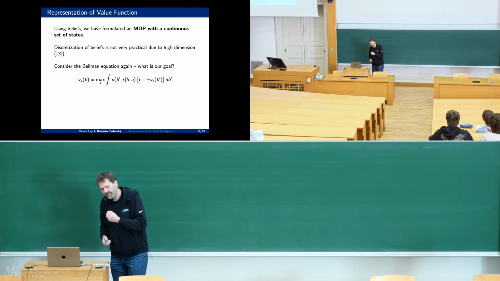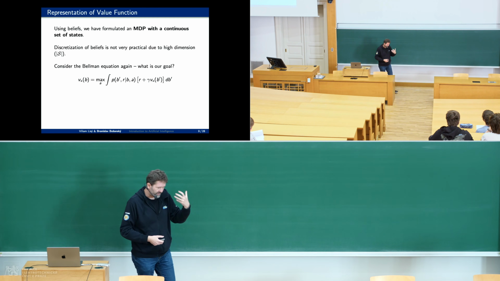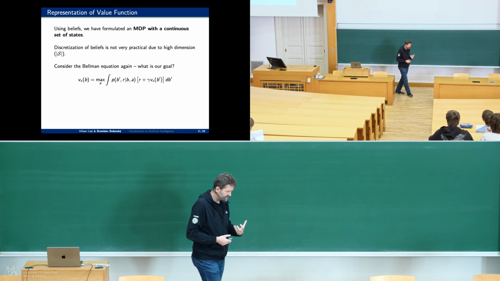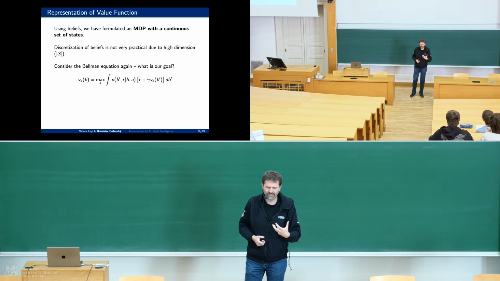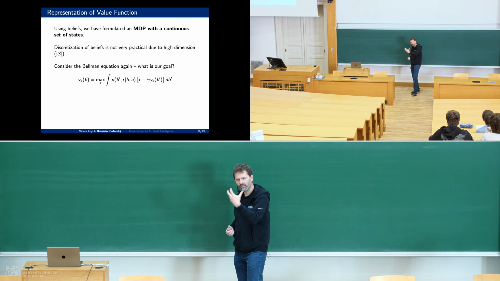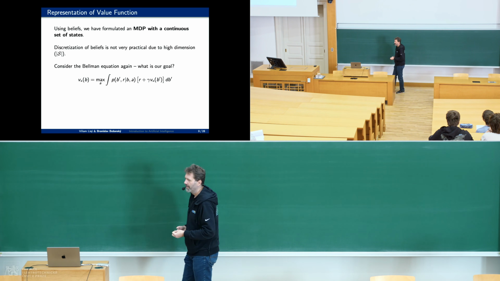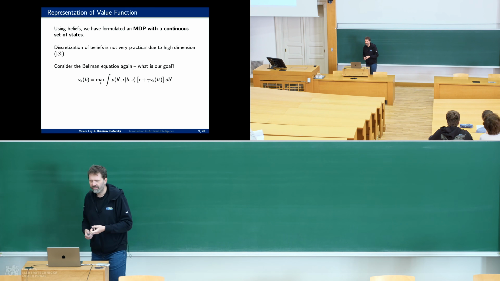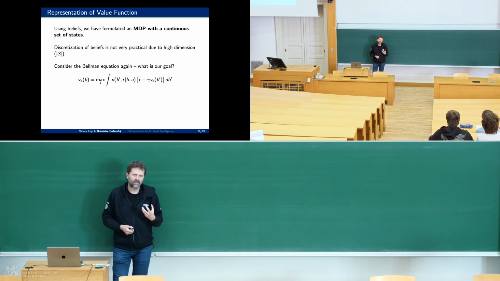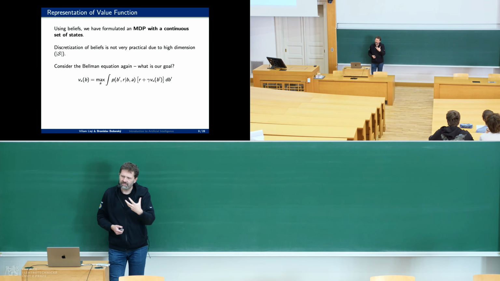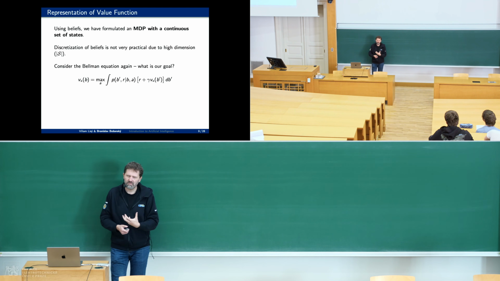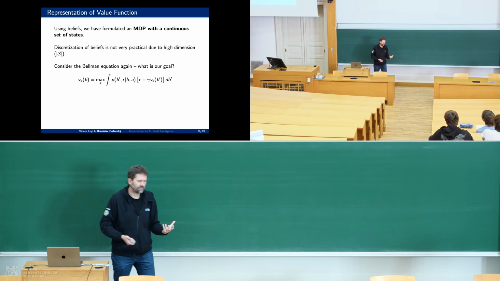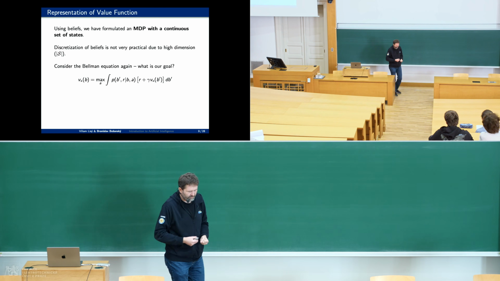But for POMDPs, and also for other things, we are learning and discussing this as a sort of canonical problem that you can also apply to other problems. For POMDPs, it's very interesting to realize that yes, the beliefs are continuous. We can have infinitely many beliefs because it's a probability distribution.